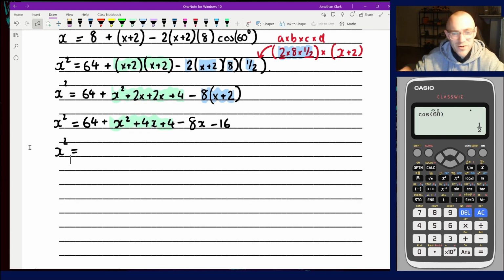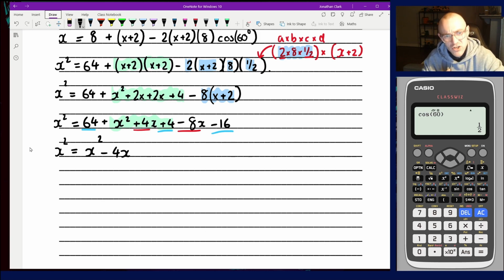Now this is very much looking like a quadratic equation, so I'm going to write it with x squared as the leading term. I have also got a 4x and a minus 8x, leaving me with a minus 4x. And the numerical bit, 64 plus 4 is 68. Take away 16 is 52. So that's the whole thing simplified.